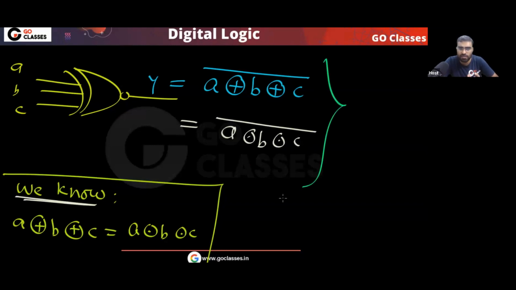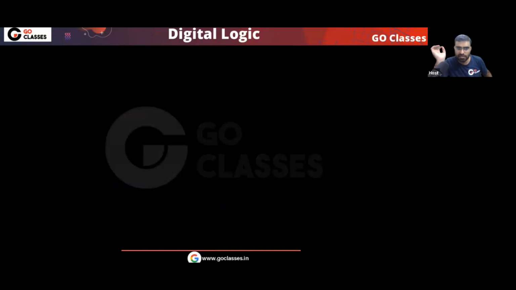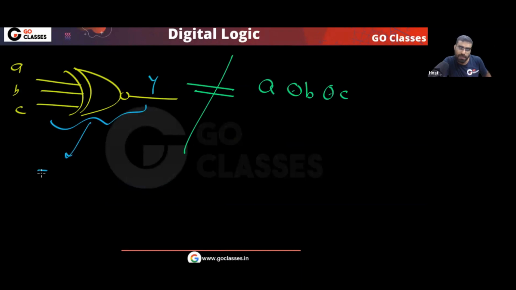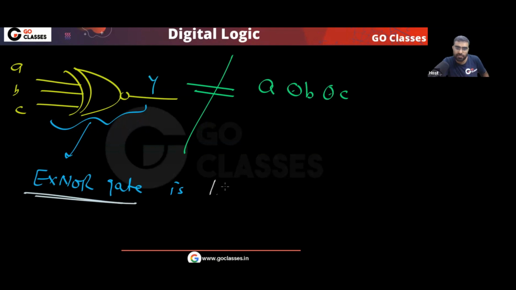This is just something interesting. Remember this point, that when you have this digital circuit gate, please notice here that this is not equal to A XNOR B XNOR C. Is this clear? This gate is your XNOR gate, and it is defined as NOT of XOR gate.